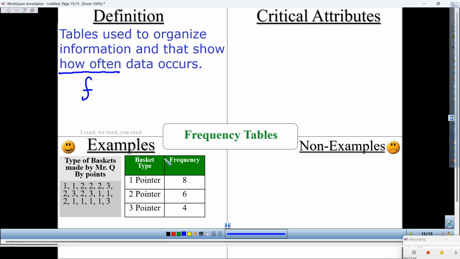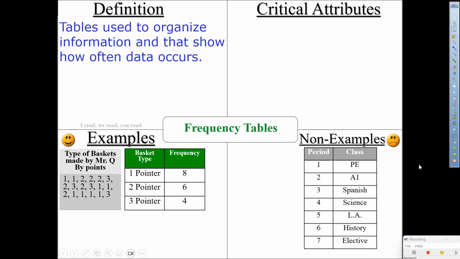Okay? So, just to clarify, let's show you another example. Here's a table. Period 1, 2, 3, 4, 5, 6, 7 shows the class. Tell your neighbor why this one is not a frequency table. Why is that one not a frequency table? Because it doesn't show what, everyone?